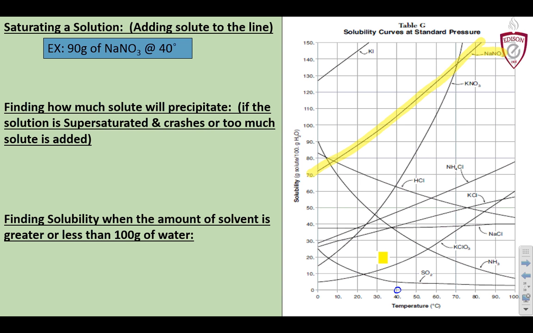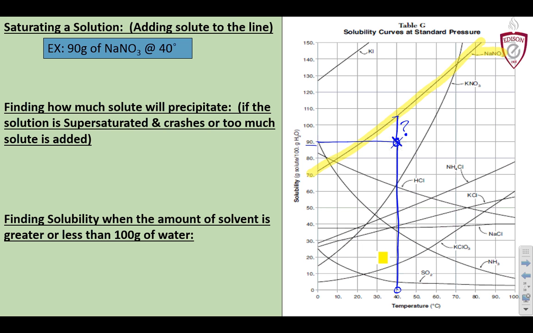There's my 40 degrees, and there's my 90. So 40, 90 is right here. That marks the spot. What we want to figure out is, at saturation at 40, how much would it hold? I'm going to say it would hold about 105 grams.